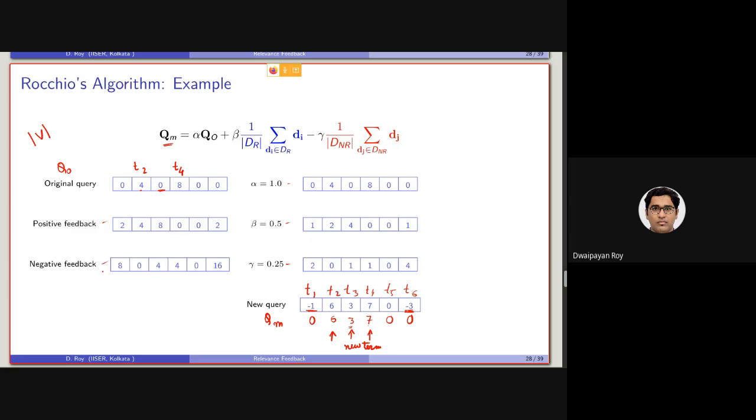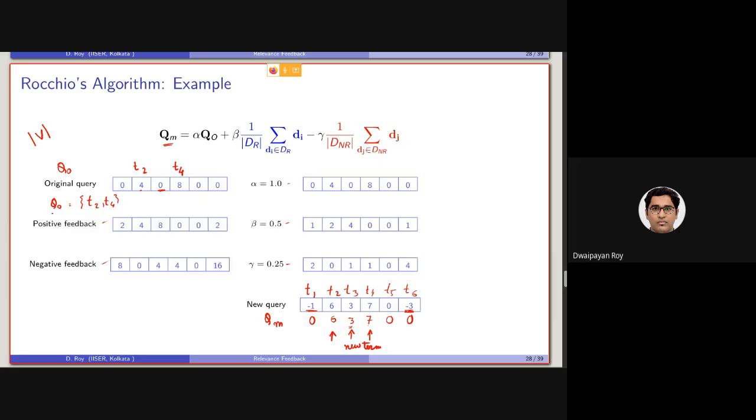So again, we started with the original query as some number of T2 and T4. I don't know how many. I have stated that T4 should be present twice as many times as T2, but it can be some other mechanism as well.